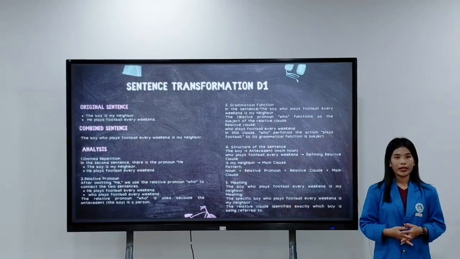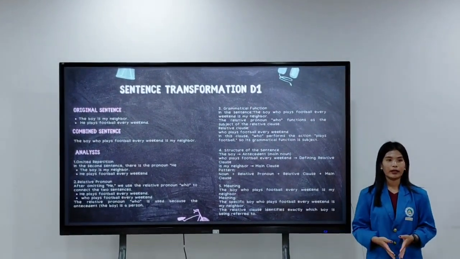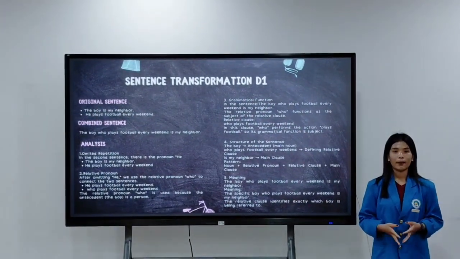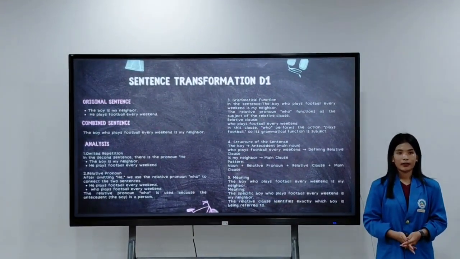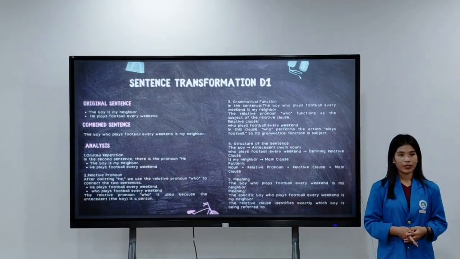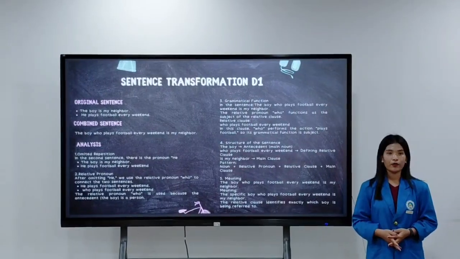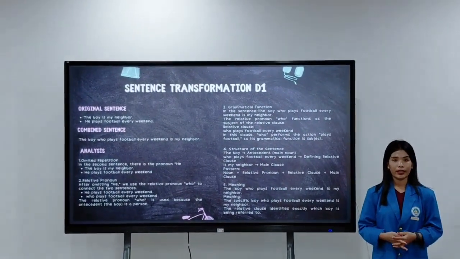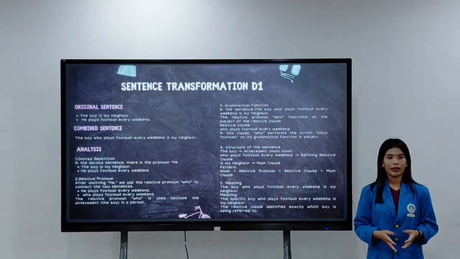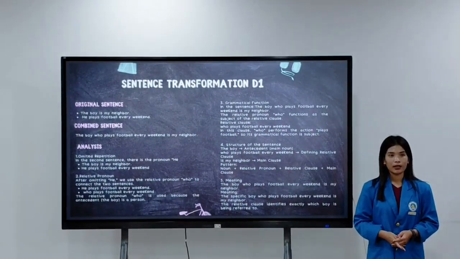After removing he, I use the relative pronoun who to connect the two sentences. I choose who because the antecedent, the boy, is a person. Three, grammatical function. In the relative clause, who plays football every weekend, the word who functions as the subject because it performs the action plays football.